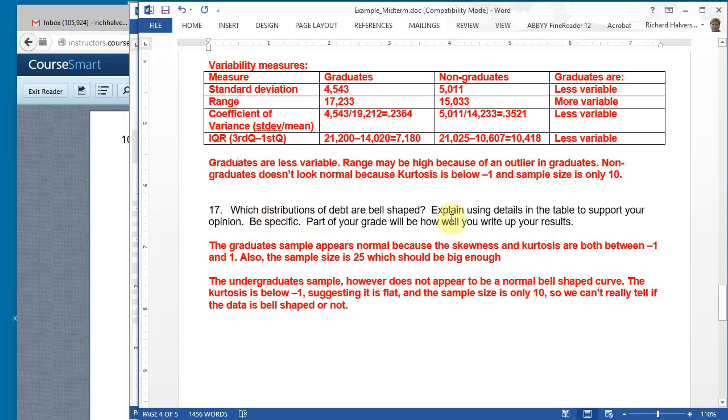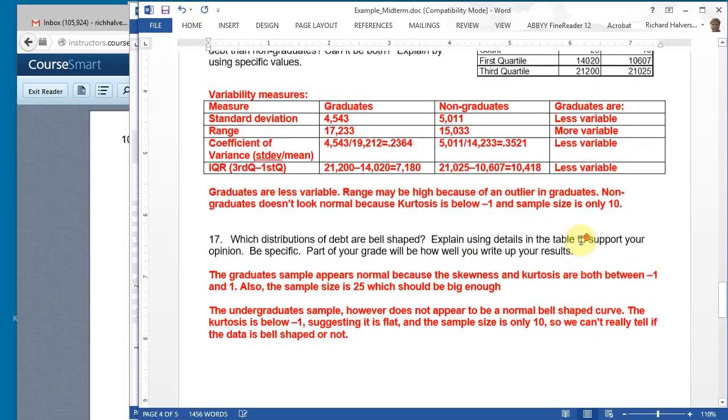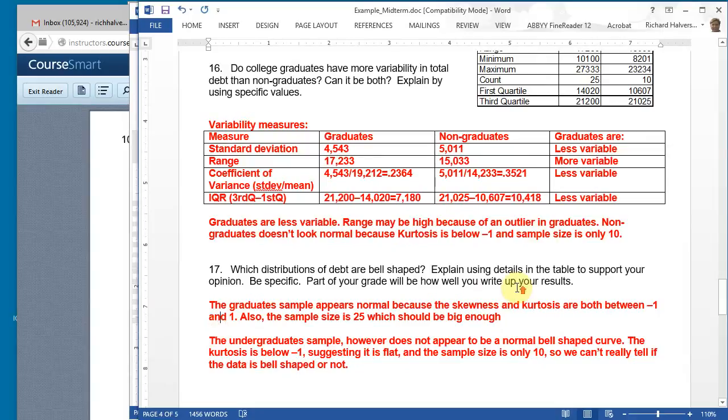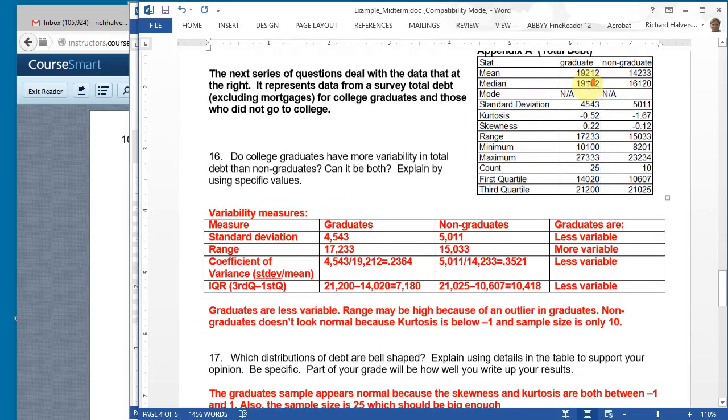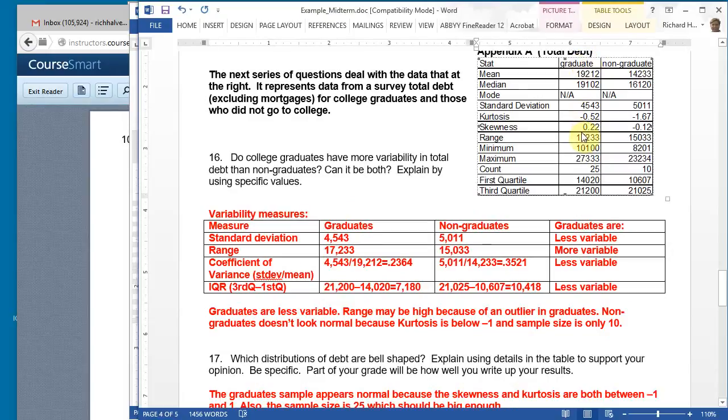Which distributions of debt are bell-shaped? Explain using details in the table to support your opinion. Be specific. Part of your grade will be how well you write this up. Well, graduates appear to be normal because the skewness and kurtosis are both between -1 and 1. The skewness for the graduates is 0.22. The kurtosis is -0.5.